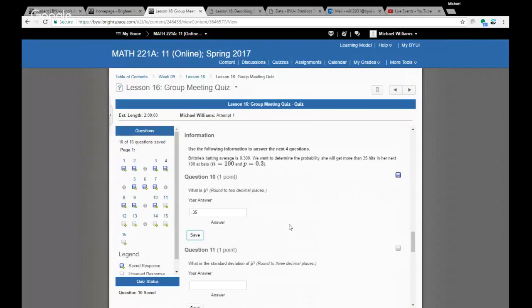I was thinking 0.03. And then we're going to divide that by 100, the N. And then we do the square root of that, which wants 3 decimals. I get 0.0458, so 0.046 is what my calculator comes up with.